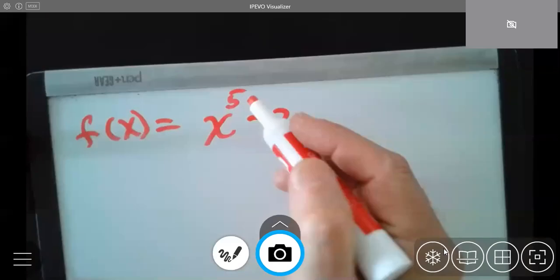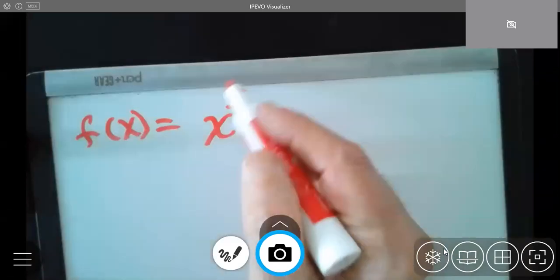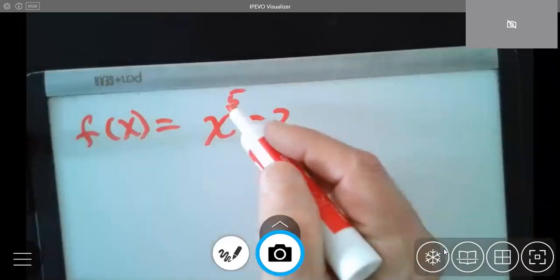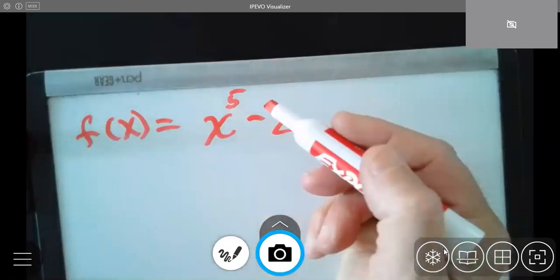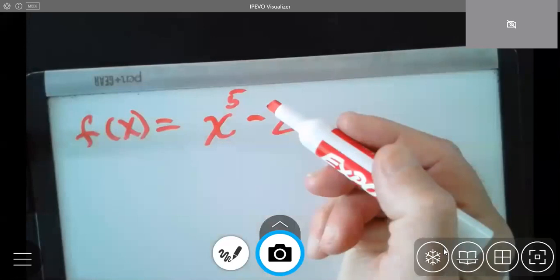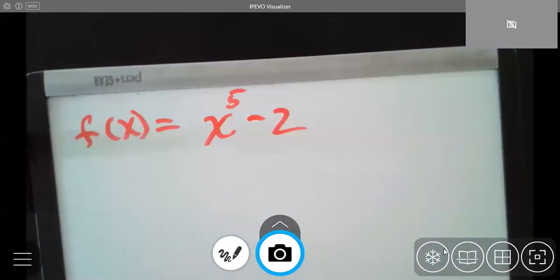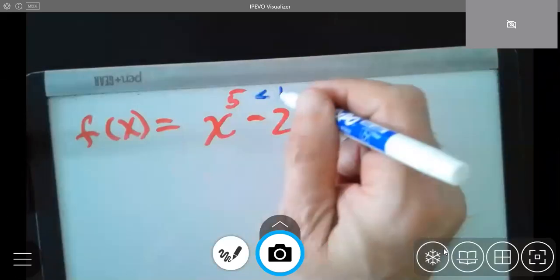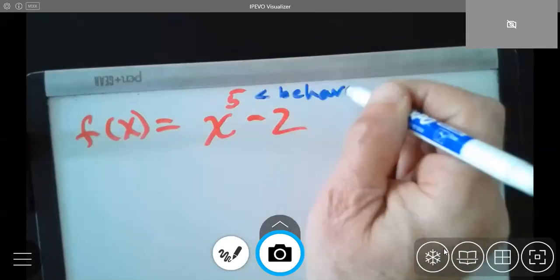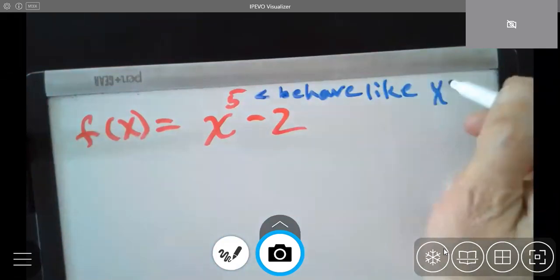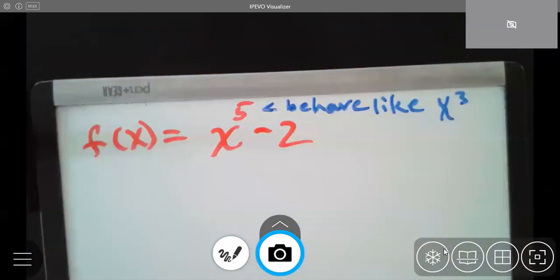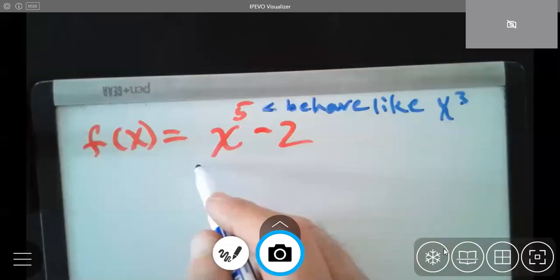So you look to see if it's even or odd. If it's even, it behaves like x squared. If it's odd, it behaves like x cubed. So this x to the fifth makes it behave like x cubed. It's positive, right?